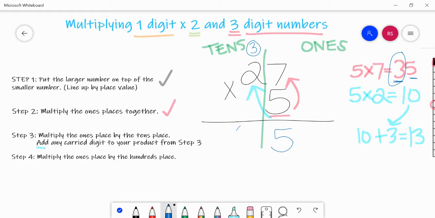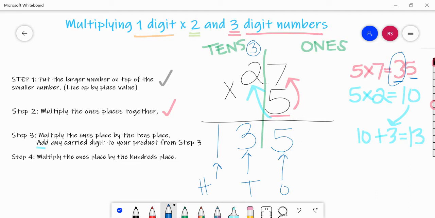But I do want you to realize that this is a new place value that you've created. So this 1 is now in the hundreds place, this 3 is in the tens place, and this 5 is in the ones place. So our product is 135.